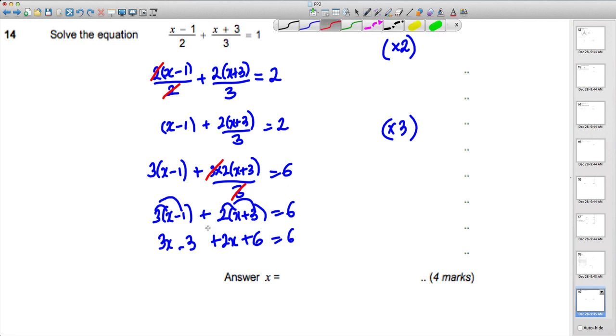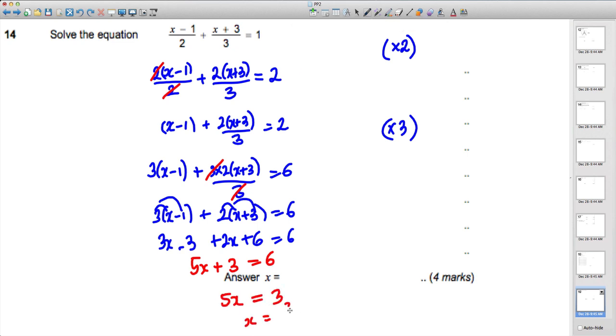Then what we do is combine x's. 3x plus 2x is 5x. Negative 3 plus 6 is plus 3 is equal to 6. Subtract 3 off both sides, 5x would be equal to 3. Divide by 5, x is 3 over 5, which is equal to 0.6.